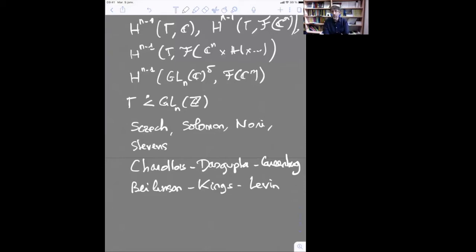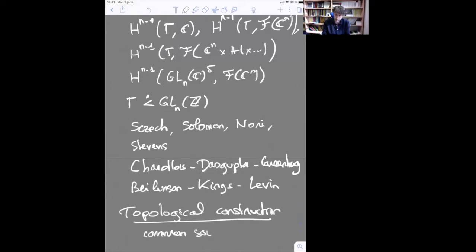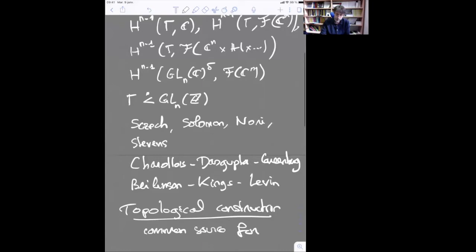What I want to do in my first two lectures is to explain a topological construction that is a common source for this cocycle. So today I want to sketch a topological construction that is a common source for this cocycle.